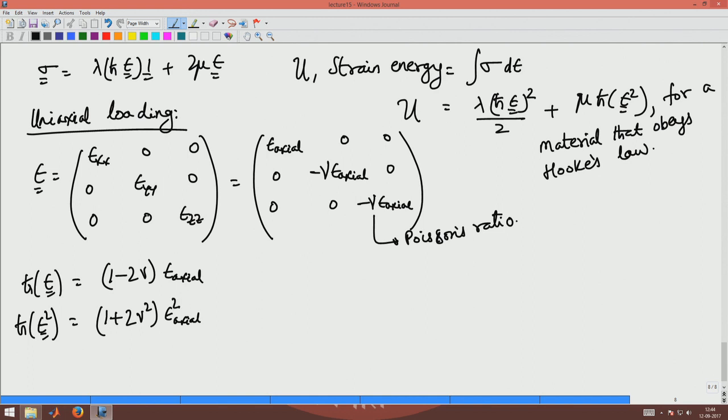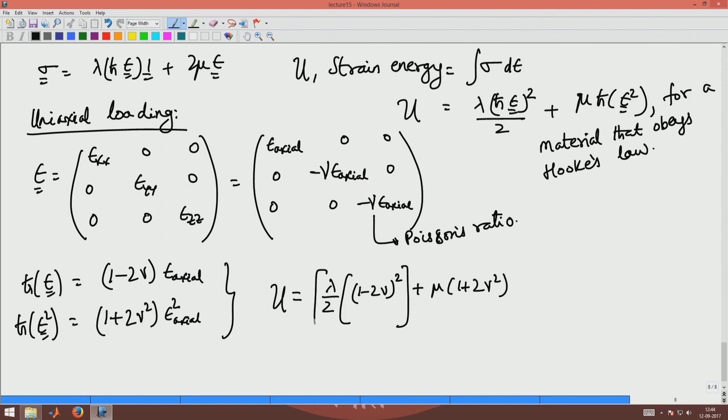Okay. So, substituting this in the expression above, we get the strain energy as lambda by 2 times (1 minus 2 nu) squared plus mu times (1 plus 2 nu squared) into epsilon axial squared. Okay.